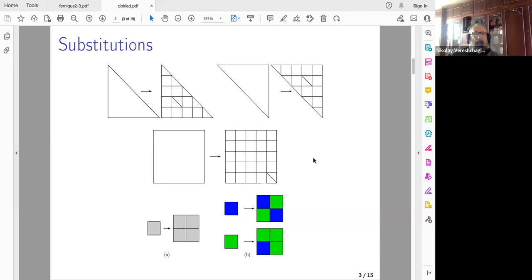And now an interesting question is for which substitutions that can be done. We know that it holds for the gray substitution. More specifically, we are given some family of tilings, maybe periodic or not, it doesn't matter.